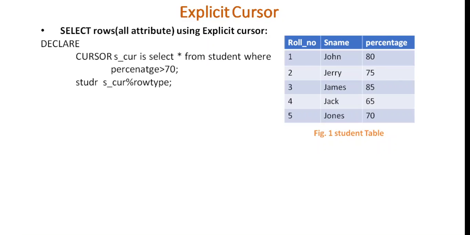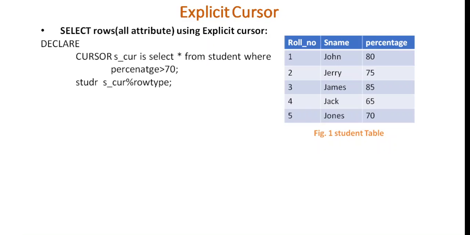Then write down the keyword IS and then write down the select statement that you want to execute in that cursor. So my total declaration statement is cursor SQL is select star from student where percentage greater than 70. In this PL/SQL block, I want to select the data of only those students who have percentage greater than 70.